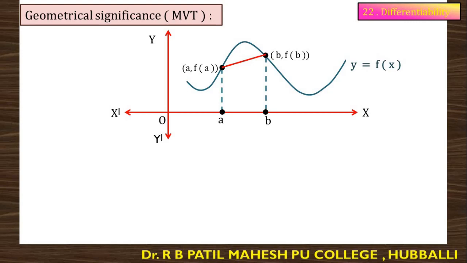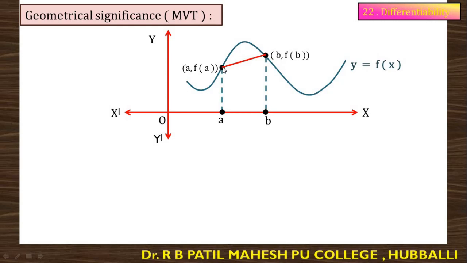So this is the line called secant between the points a comma f of a and b comma f of b. The slope of the secant is nothing but the right side operation, that is f of b minus f of a divided by b minus a.